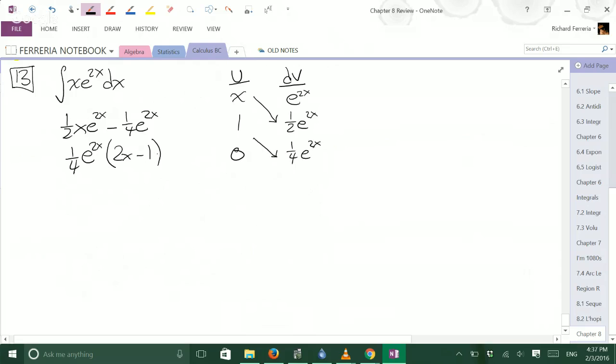That's my antiderivative. Okay, we've worked that out. Let's work out the integral now. Negative infinity to 0 of x e to the 2x dx.